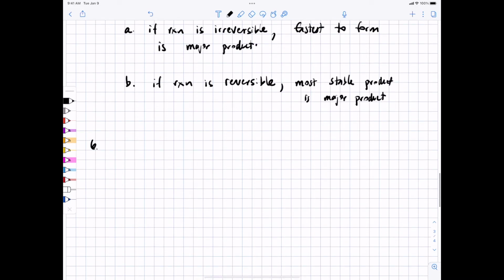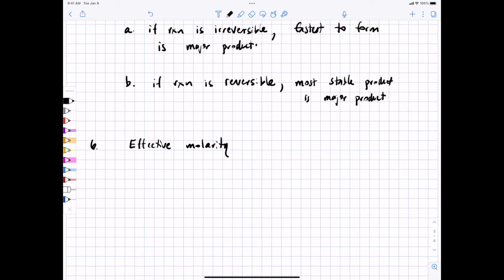All right, 6, and I think this is last on our list of principles to apply, is a concept called effective molarity. And this concept is basically related to pre-organization.